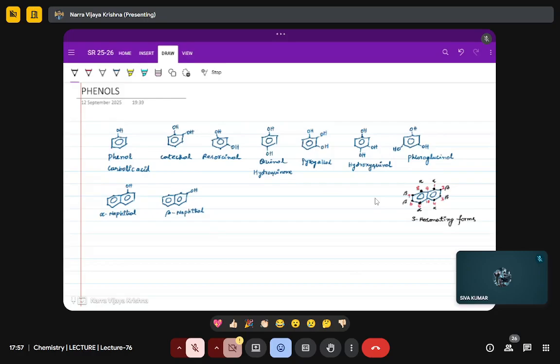Any special thing we discussed about pyrogallol? It absorbs oxygen. That reaction also, if you remember, we discussed. Where we discussed, means gas analysis. Just a moment, I will open that also.